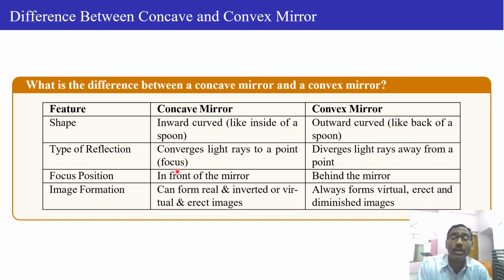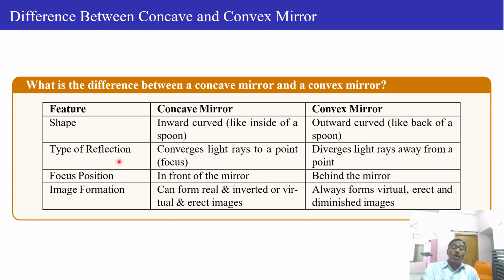This focus will lie on the principal axis, exactly in the middle between the pole and the center of curvature. The parallel rays after reflection will pass through the focus.